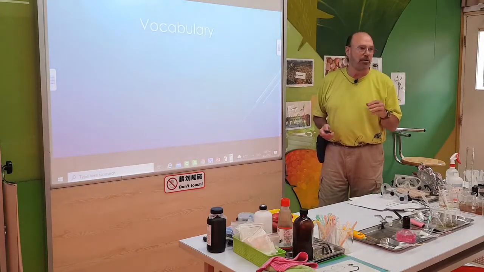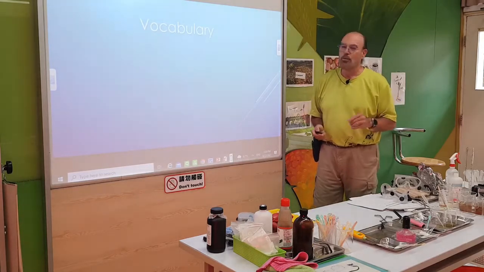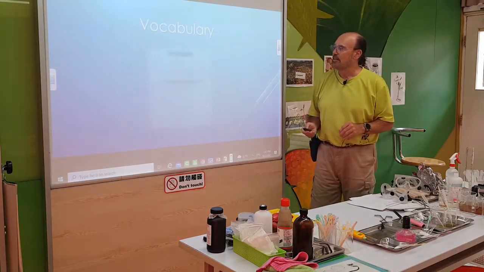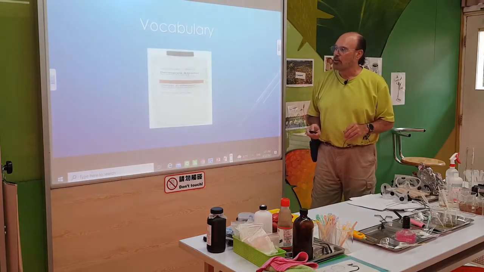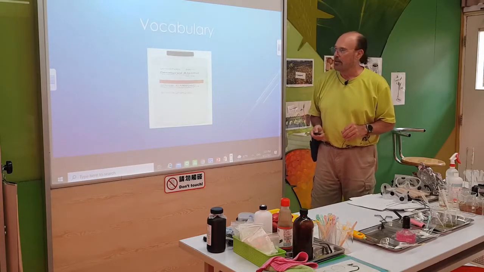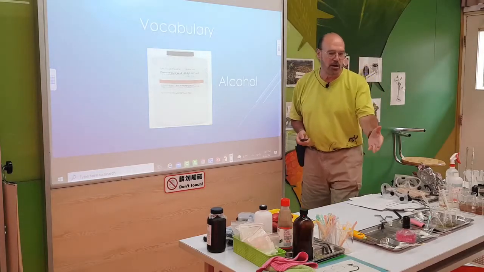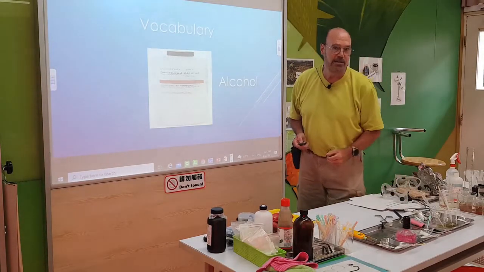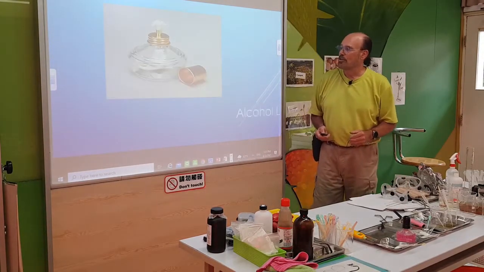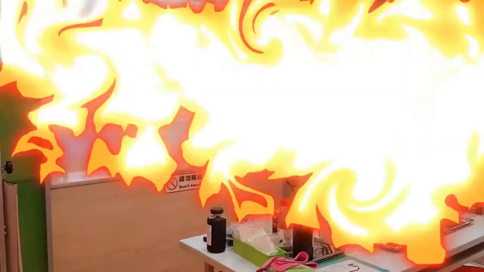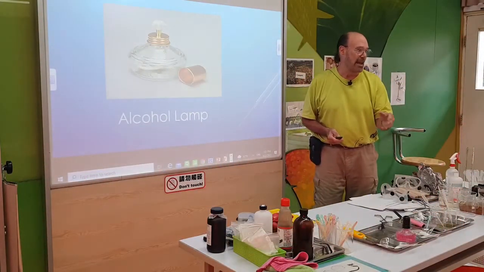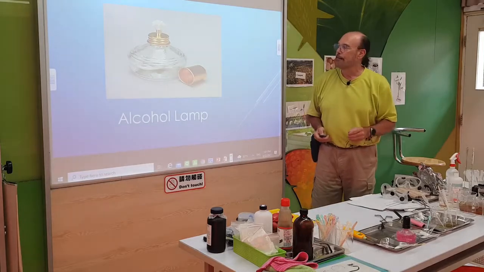Okay, so the vocabulary words, you have a sheet on your desk along with these, but these are some of the things that we're going to be working with in English. This is alcohol. We're going to use alcohol in a lamp for heat. We're going to use the alcohol lamp, although I will demonstrate that and do most of that.